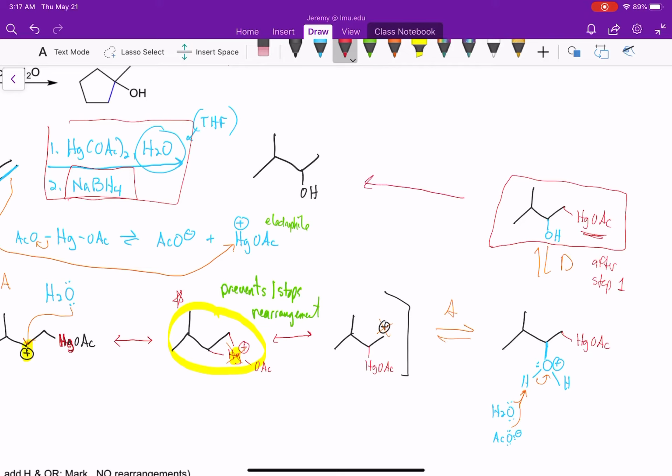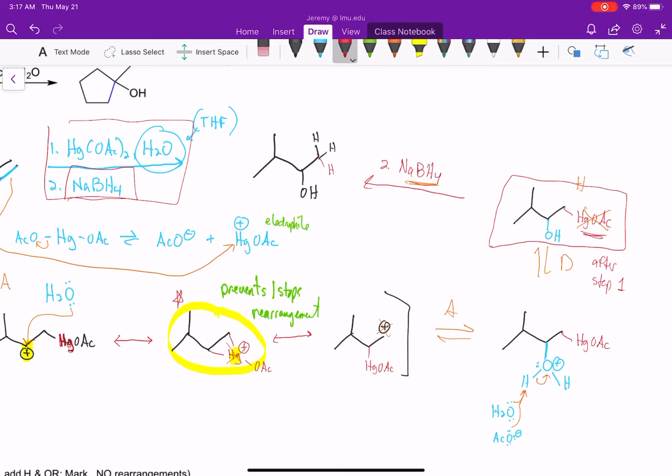So in step 2 here, when we add sodium borohydride, NaBH4, all that does is it inserts into this bond. So NaBH4 will replace that mercury with a hydrogen. Okay, so if you look, we've had 2 hydrogens on here originally, we've now added our third hydrogen, right?